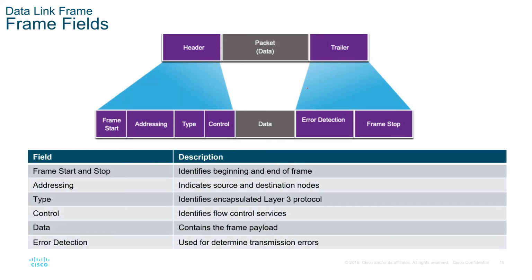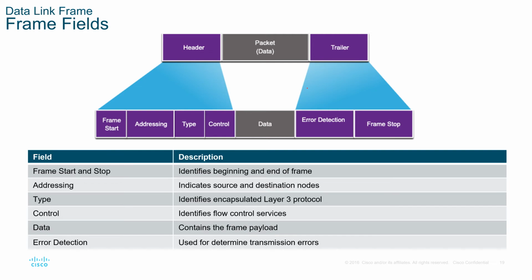As we can see here, in the header, we have a frame start, and this will identify the beginning and end of the frame. This may be very simple, such as in binary AA or 55, giving us a combination of ones and zeros, which also gets our timing down.